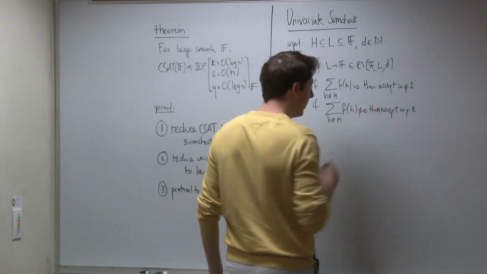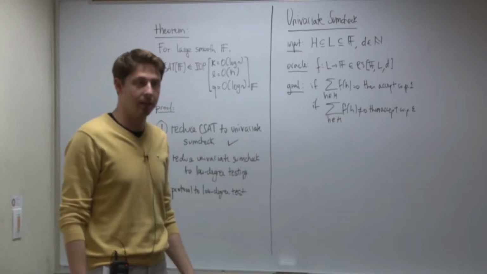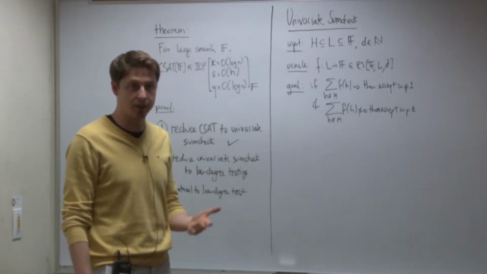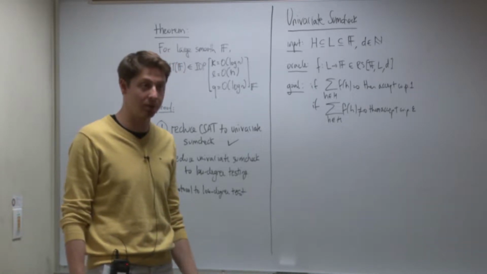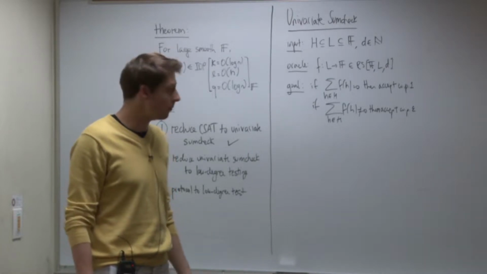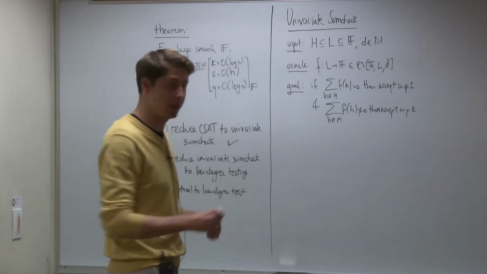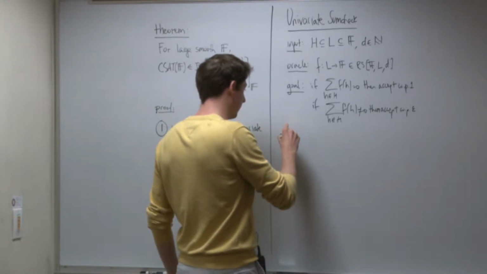Last time we sort of discussed why straightforward solutions, such as querying the set H directly or running the multivariate sumcheck protocol on a univariate problem, didn't really make sense. So today we're going to see a different idea, a solution.